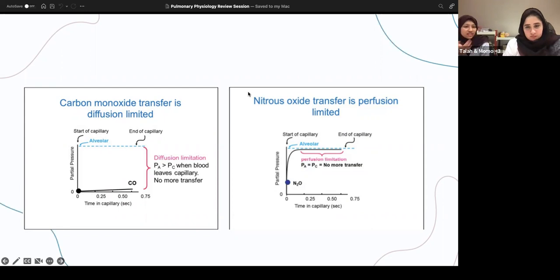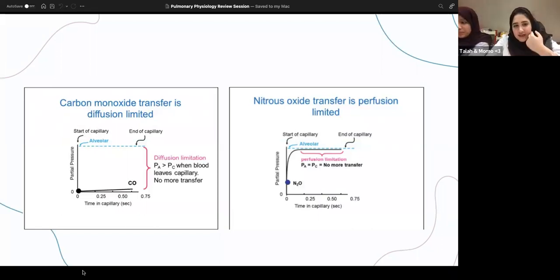Okay, so guys, when we were talking about the uptake of gases, we have limitations. The limitation can be because of the diffusion of the gas or because of the perfusion of the blood. Oxygen and nitric oxide are perfusion limited. What do we mean?